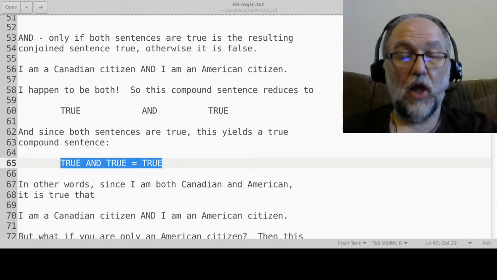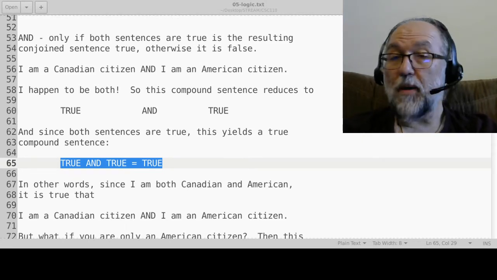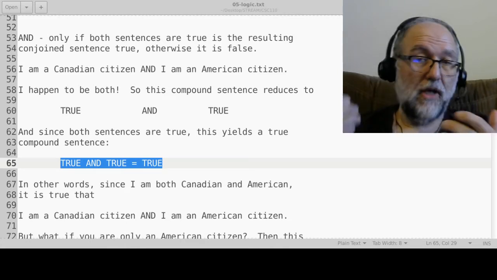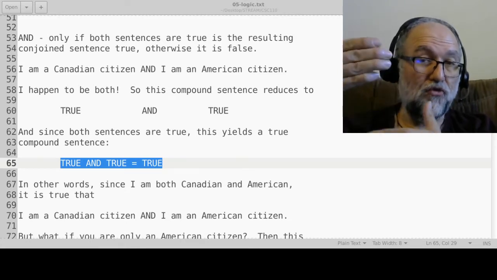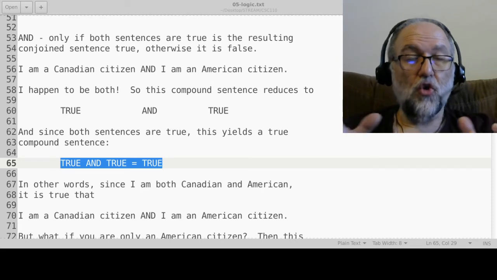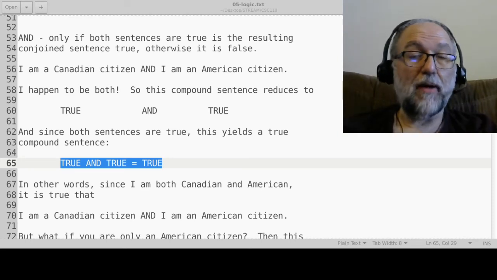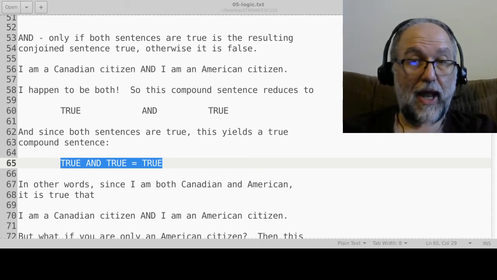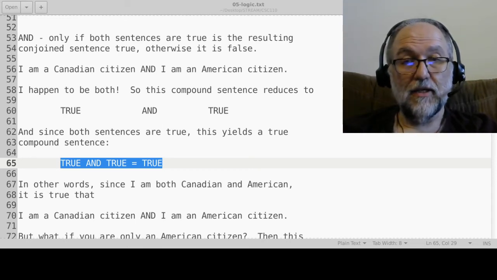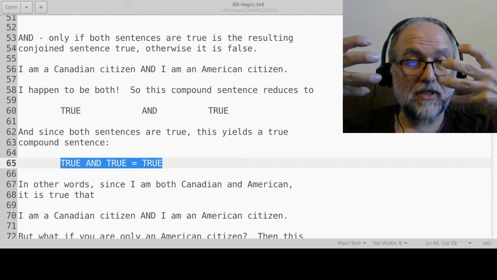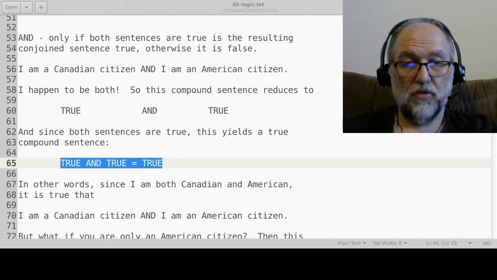There's our first logical operation. It can be applied to any sentence that you like, as long as that sentence resolves to either being true or false. You can join it with another sentence that resolves to true or false to get a compound sentence, and then that compound sentence is either true or false. And if the conjunction is and, then only if both of the sentences are true is the resulting sentence true.